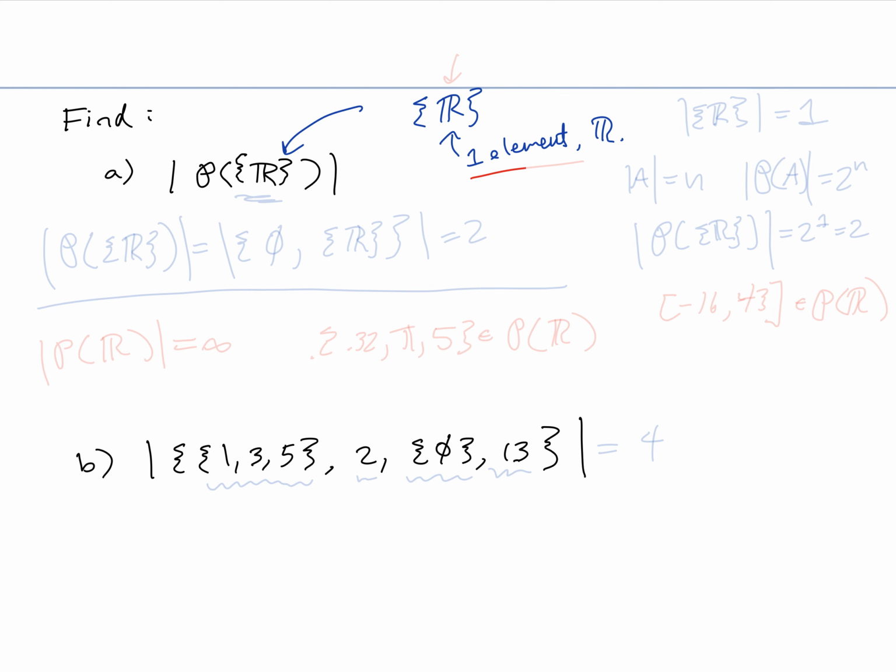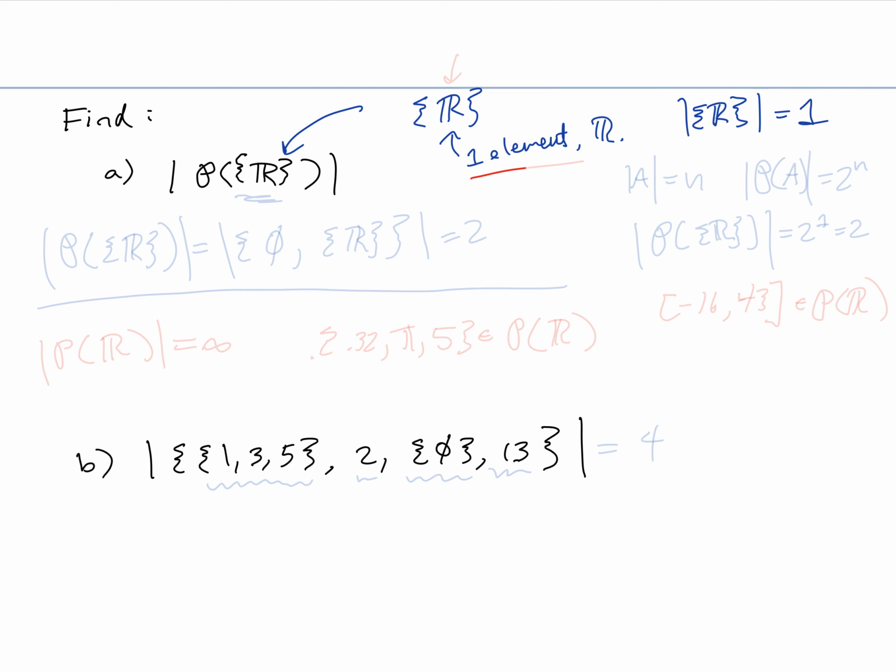That element itself is an infinite set, but the cardinality of the set containing the set R is just one. It has one element, and that element is the set of real numbers. Okay, but we weren't asked for exactly that.